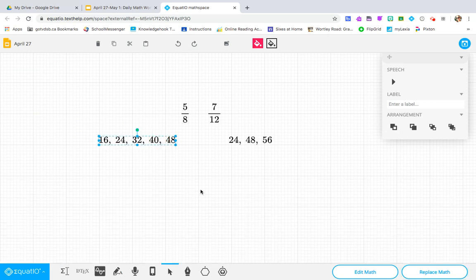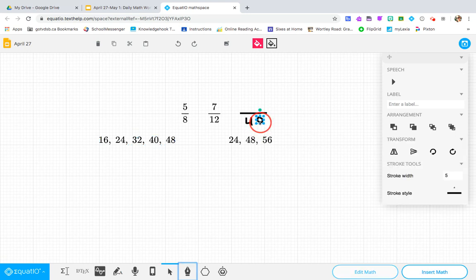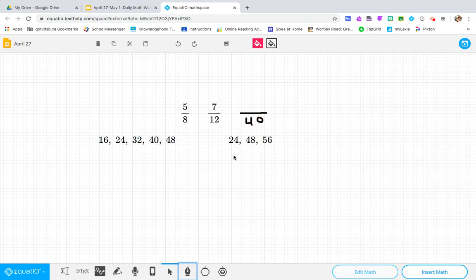Okay. So we can see that we finally found the number 48 in common. And by finding the number 48 in common, it means that both of these are able to have equivalent fractions with a denominator of 48. So let's write that 48 on there as a denominator because we know we can rewrite 7/12 as an equivalent fraction out of 48.